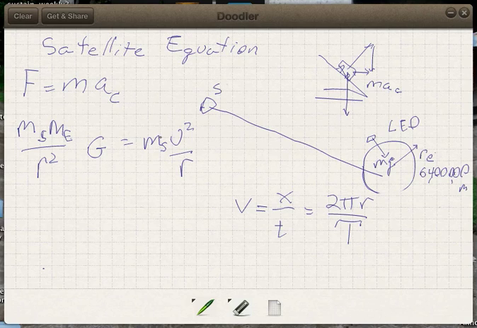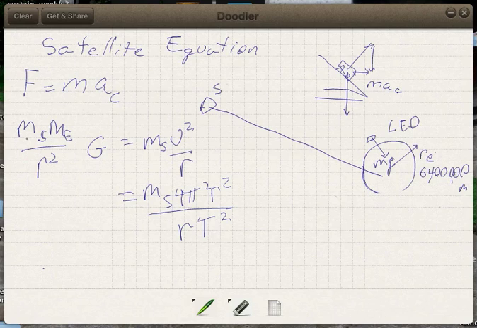When we substitute this into our equation, we have the mass of the satellite times 4 pi squared r squared over T squared, and then we have this r in the denominator. On this side we have the force of gravity, and on this side we have the mass of the satellite times the centripetal acceleration.